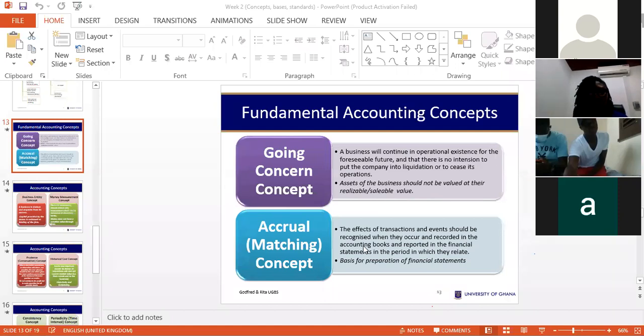No, you are not matching the transactions to the revenue they are attracting. So the effect of those transactions, whether it will increase your revenue or reduce your expense, you must take it now and not later. You must record and report it in the period it relates. So don't defer your transactions.